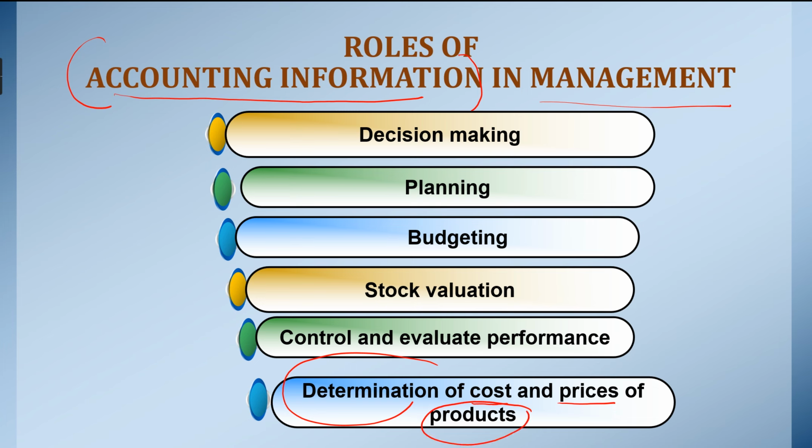So, kita tak boleh macam, oh, cost dia RM2 lah, so nak jual RM2.50 lah. No, we cannot decide on that yet. Okay, unless you already do your stock valuation and then you have done your control and evaluate your performance. Okay, sebab we need to look at the whole picture before we can determine the cost and the price for the product that we are going to manufacture.